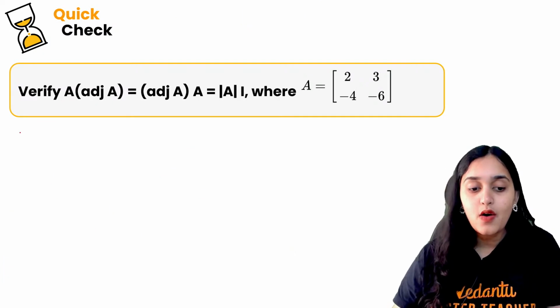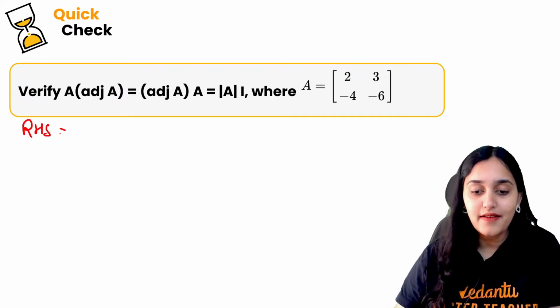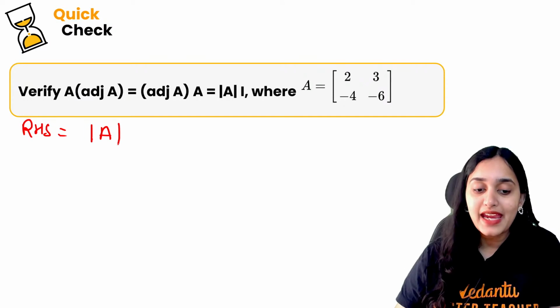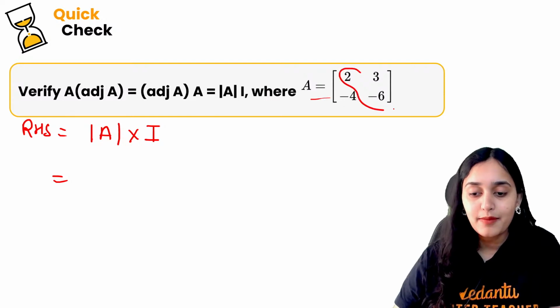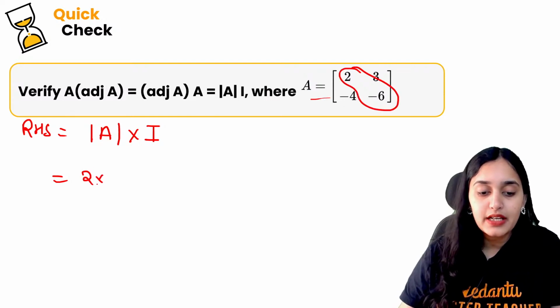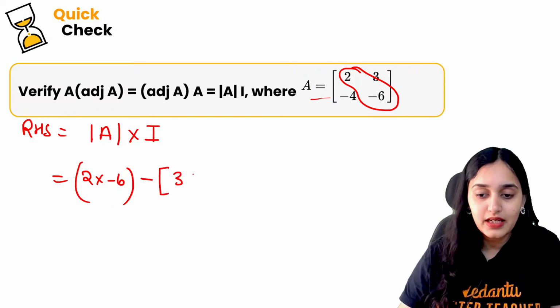Now on the right hand side I have determinant of A into the identity matrix. Now what is the determinant of A? Primary diagonal, 2 into minus 6, minus 3 into minus 4.